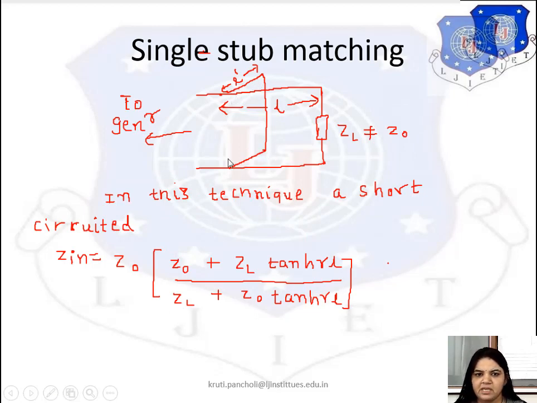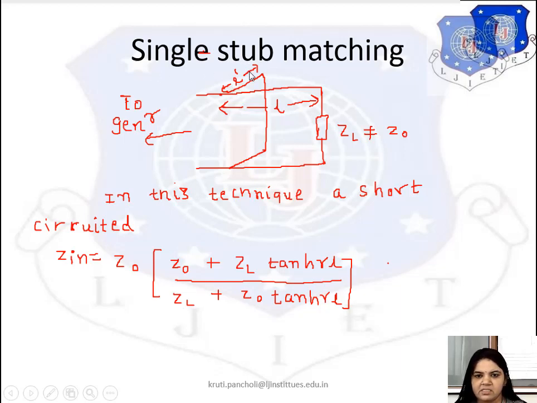In the diagram, the stub is the parallel short-circuited wire which is connected. It is connected at a point L from the load end, and the length of the stub is L dash.